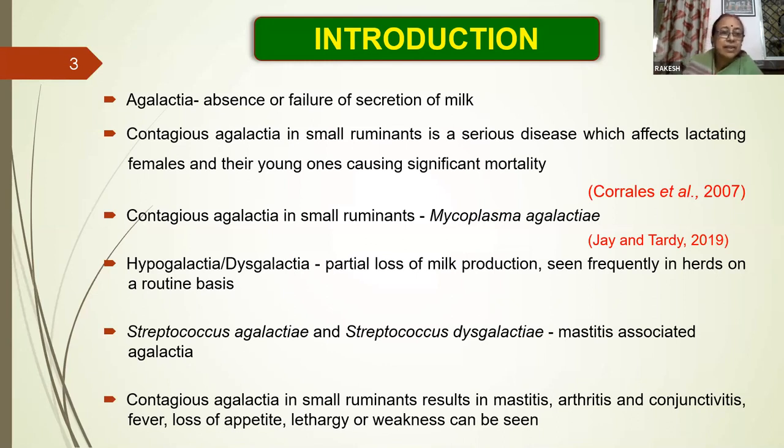Whereas in agalactia, Streptococcus agalactiae and Streptococcus dysgalactiae cause mastitis, leading to complete cessation of milk. Contagious agalactia in small ruminants results in mastitis, arthritis, and conjunctivitis. There may be fever, loss of appetite, lethargy, or weakness, which is commonly seen.